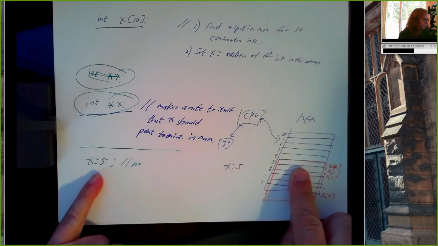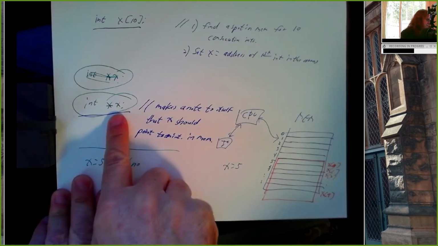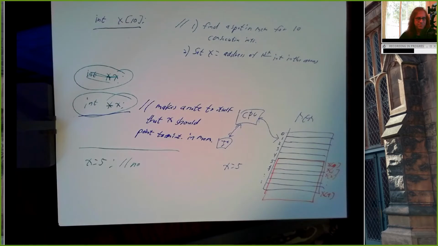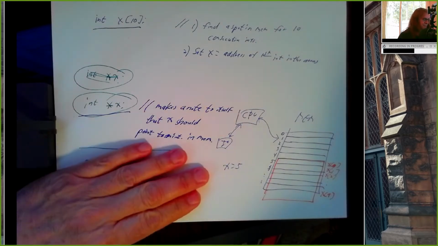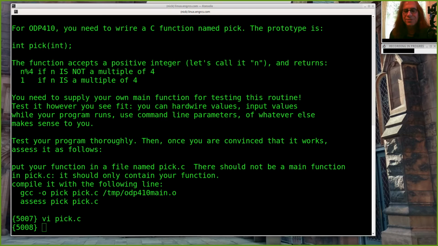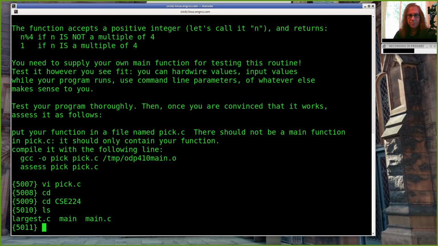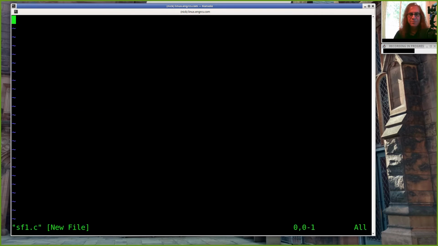And we don't usually just say x equals 5, but before we can use x, somewhere x has to get a value. If we just say integer star x and we try to do something with x, we will get a seg fault. So let's start generating some seg faults. So we'll do seg fault 1.